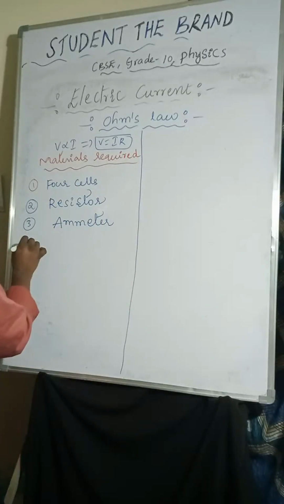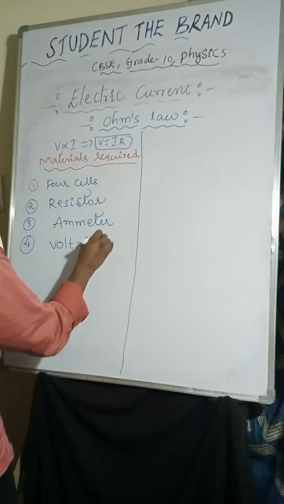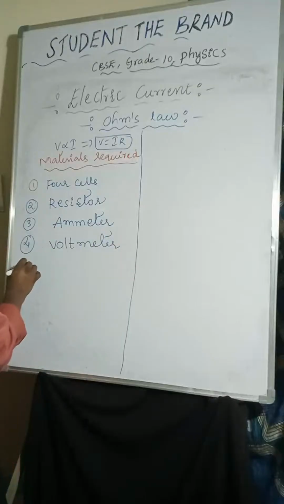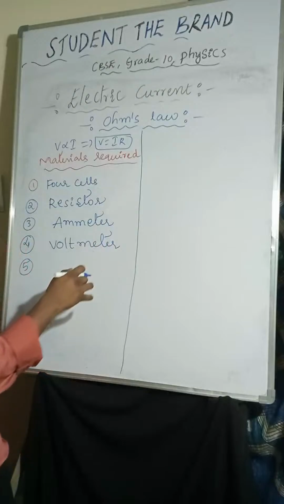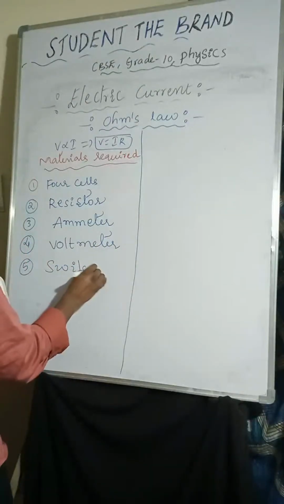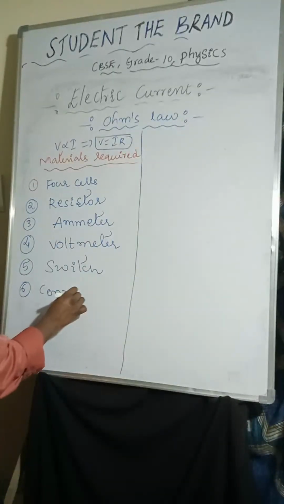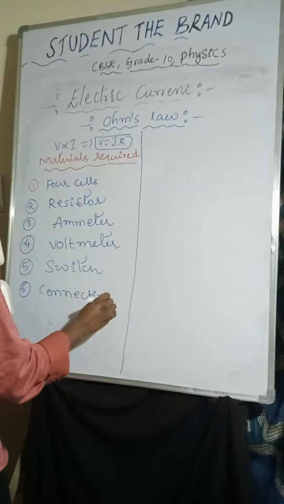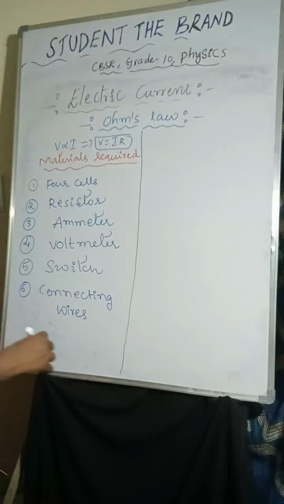Fourth one, voltmeter. Fifth one, switch. And sixth one, connecting wires.